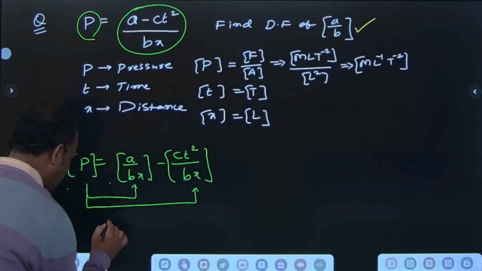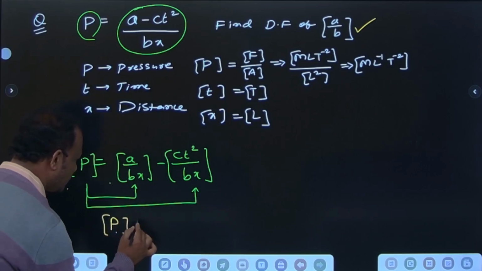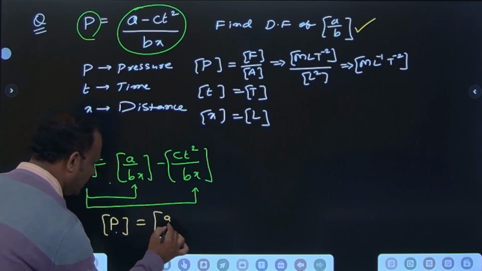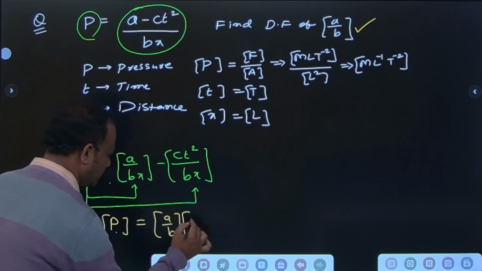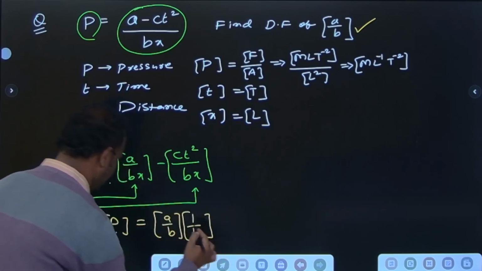So dimensional formula of P is equal to dimensional formula of A by B, which is a constant, into 1 by X. 1 by X means 1 by L. Correct.